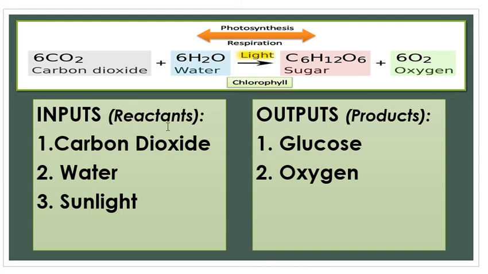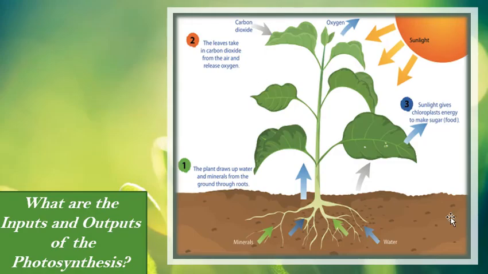Now, let's proceed. Where does photosynthesis happen, ma'am? Let's go back to the illustration. We have gotten the inputs and outputs. Where is photosynthesis located or processed? Is it in the roots, the stem, or in the leaves?